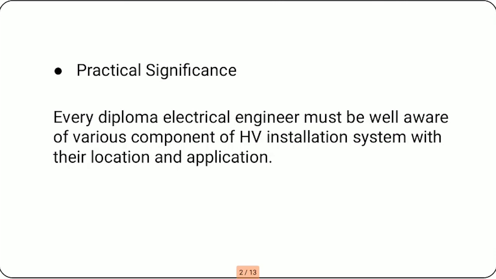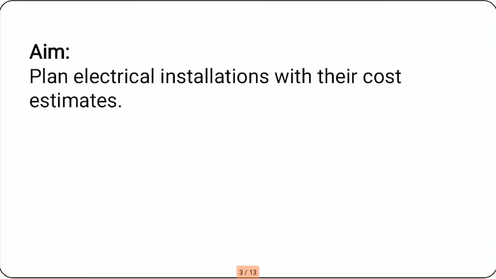This helps him to prepare the plan layout drawing of the given HV installation. He or she can execute the work with utmost care, ensuring the IE rules and their safety norms. So this is the practical significance.